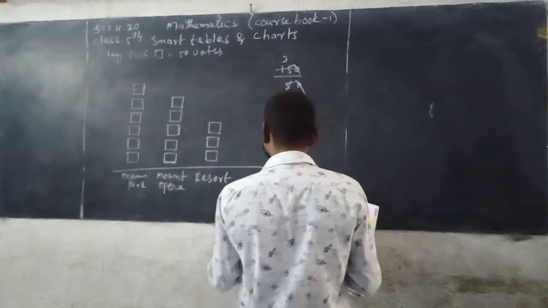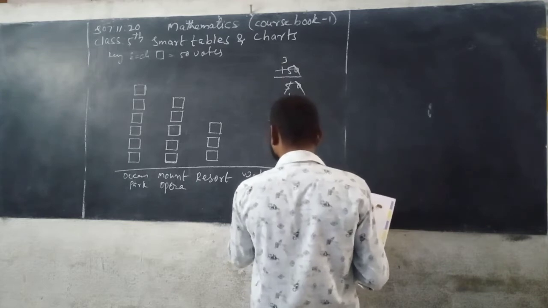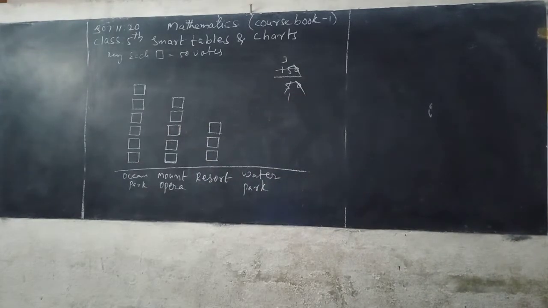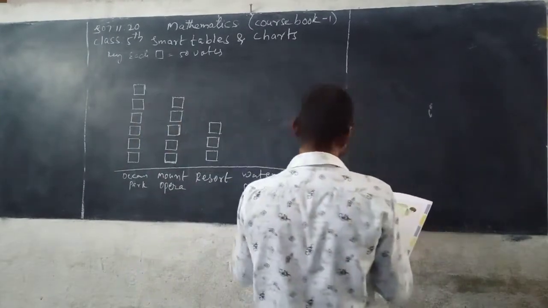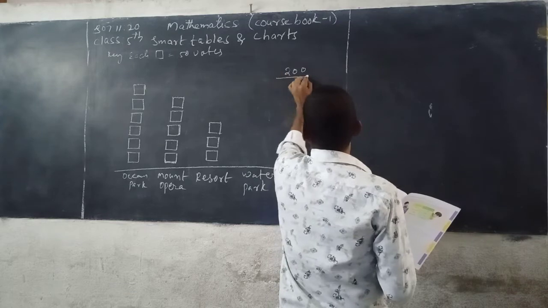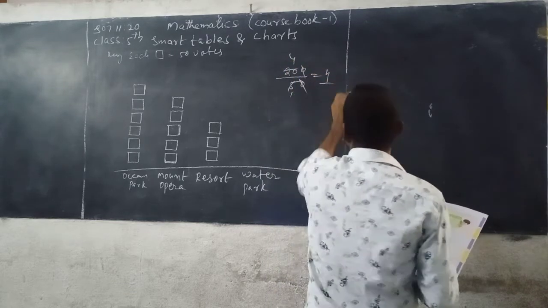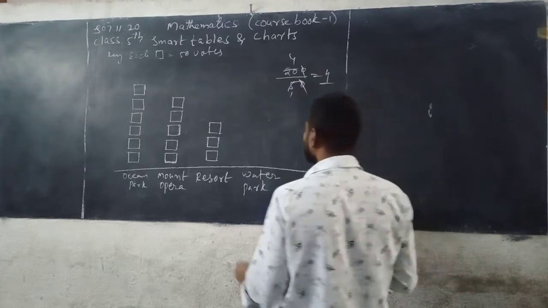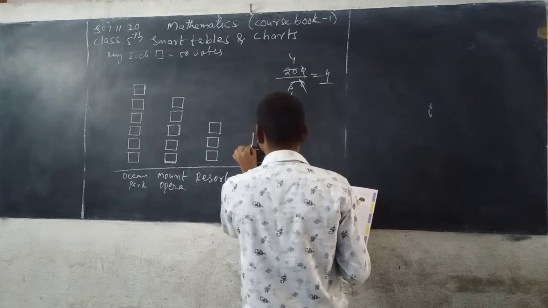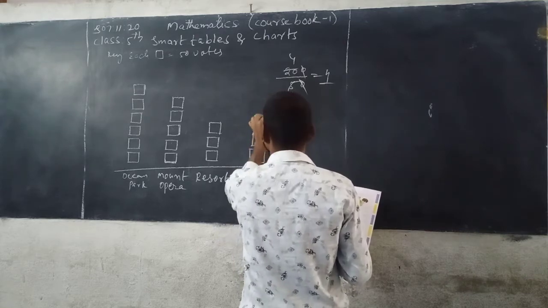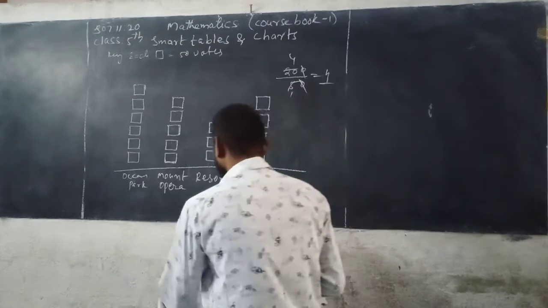Next and last one, Water Park, divided by 50. 0, 0 get cancelled. 5 1s are 5, 5 4s are 20, so you get 4. So you can draw 4 square boxes. So this is the number of votes.